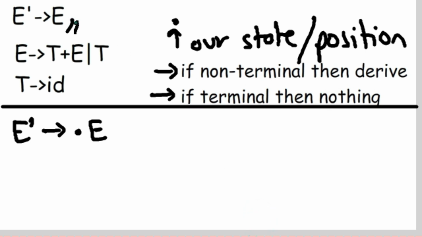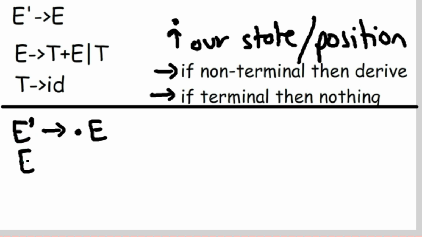Now there is this non-terminal E, there is this non-terminal T, there is this terminal plus, and there is this terminal ID. Now is E, this is for dot, is E a non-terminal or a terminal? E is a non-terminal. So if dot is with the non-terminal, then you have to derive E. How do you derive E? You take this E and you derive it like this.